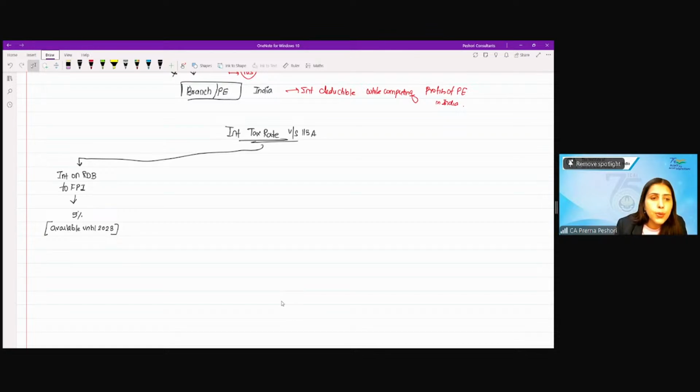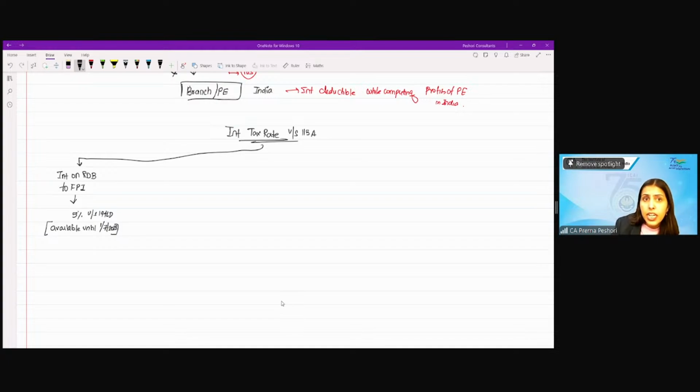So 1st July 2023, if you remember, want to write it precisely, post which this section 194LD is not applicable. So this is only if the bonds are issued prior to 1/4/2023. So bonds should be issued before 1/4/2023. If the bonds are issued after 1/4/2023, this is not applicable. Are we clear?